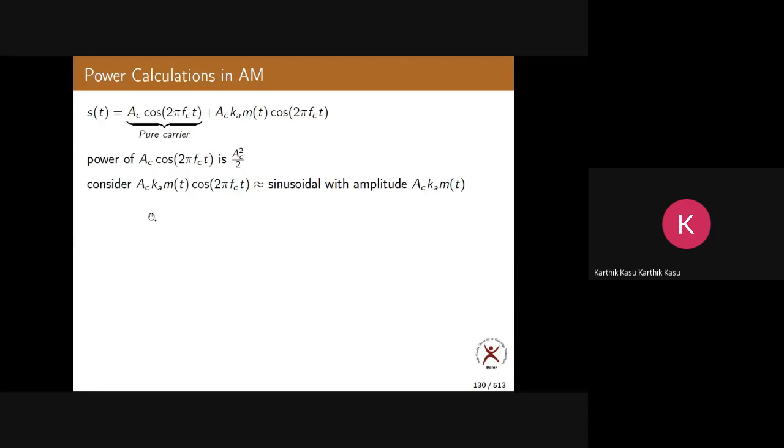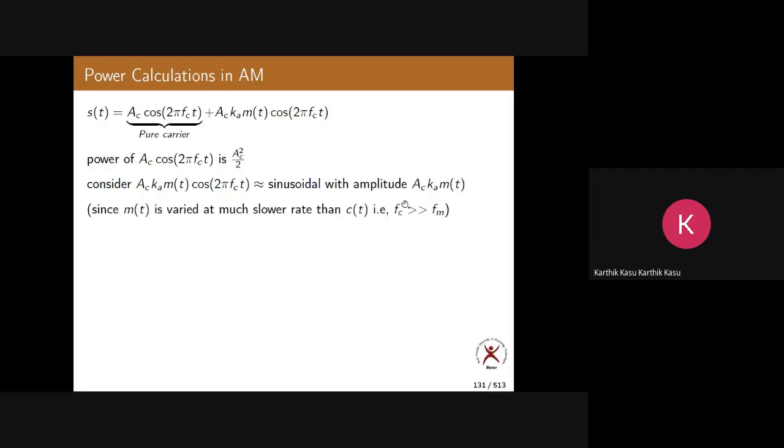How can I assume that? Because m of t is also a function of time, so both are functions of time. But I am assuming Ac Ka m of t as an amplitude, which is a constant.